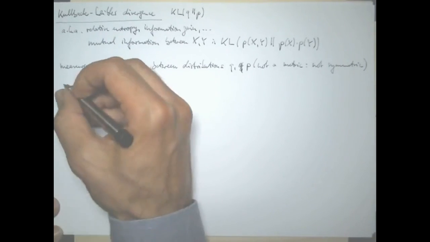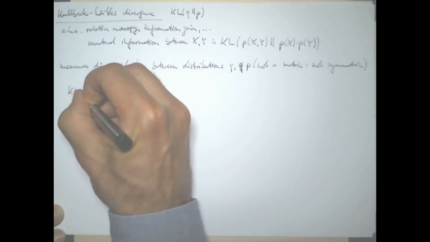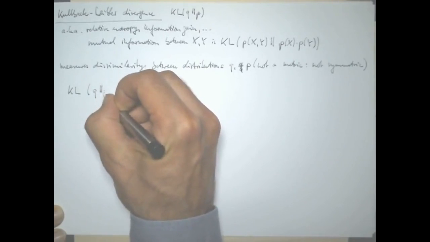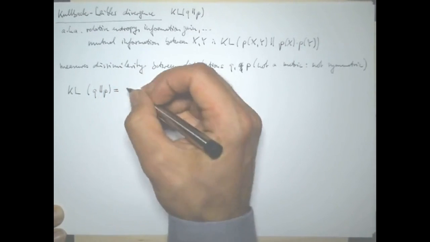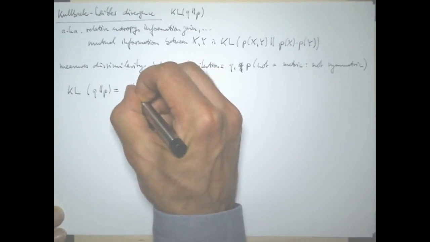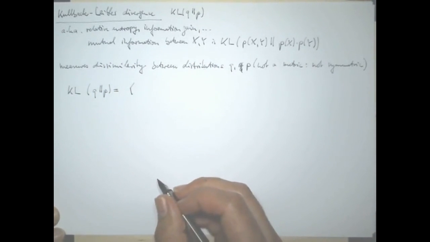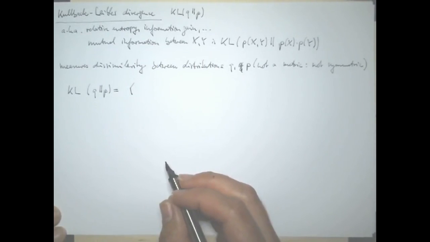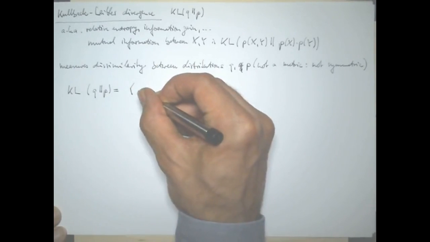And so what is it? Kullback-Leibler divergence between Q and P. If I want to be agnostic about whether I am dealing with discrete or continuous variables, I can formulate it as follows.